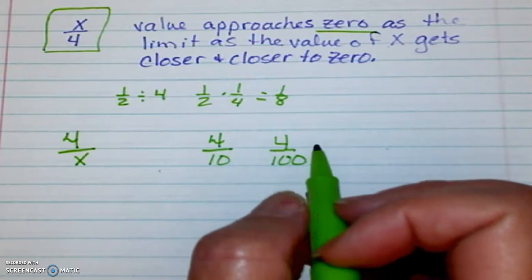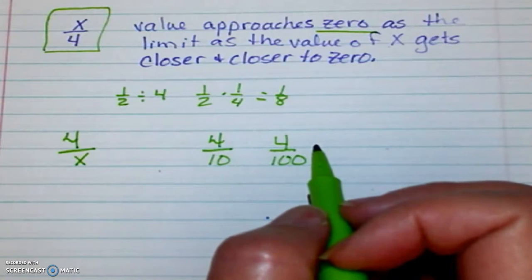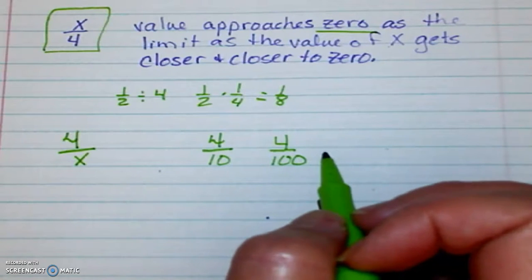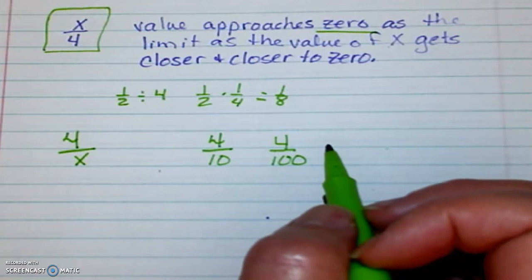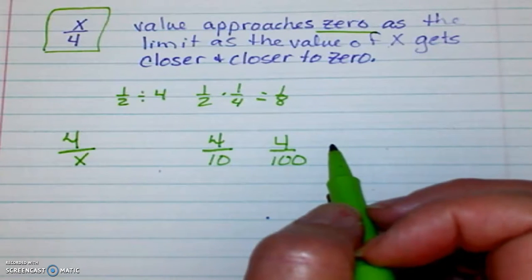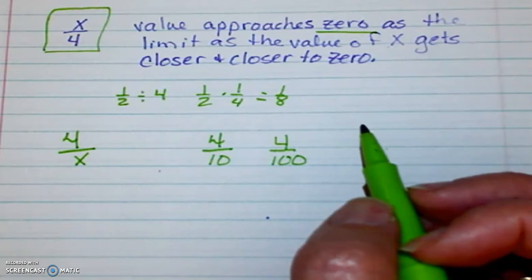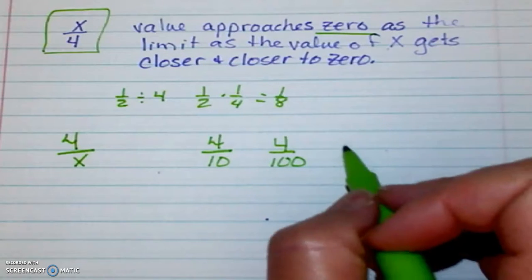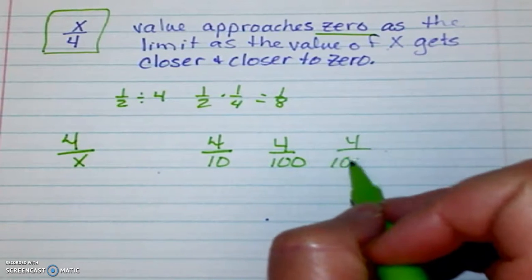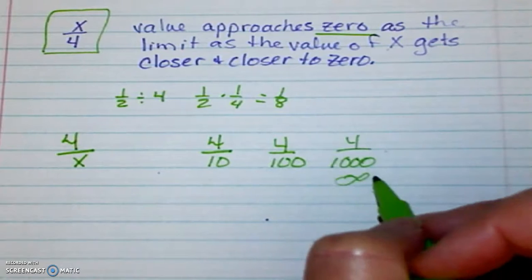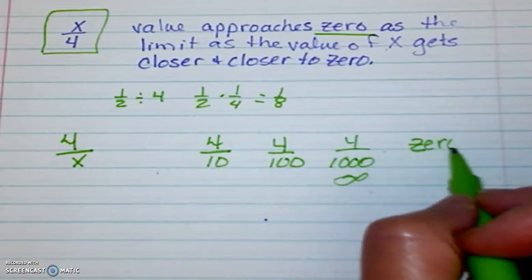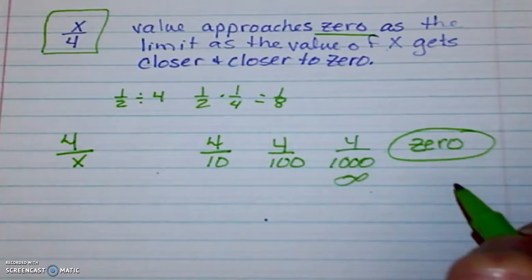So what we say is the value of the fraction, if x is a positive number, it can't be 0. We don't want to talk about negatives. So if x is a positive number, as it approaches positive infinity, as I keep letting x get larger, then the value of the fraction keeps getting smaller and smaller and smaller, and it approaches 0.